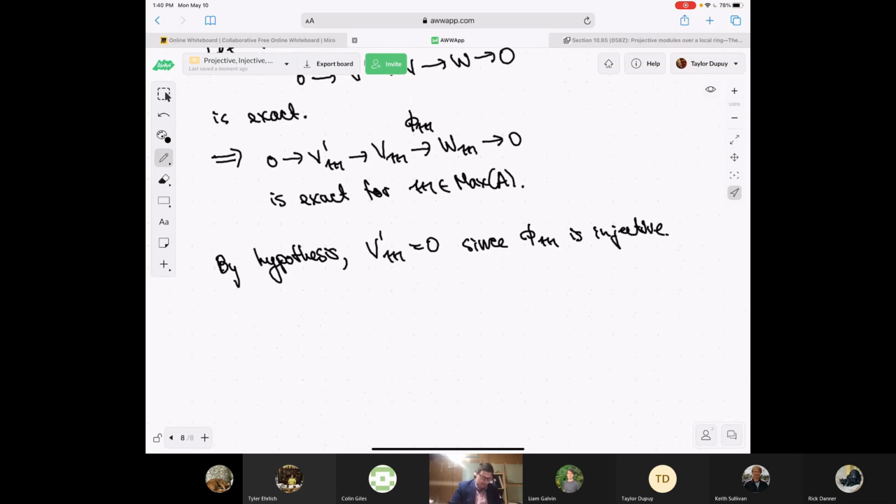So the kernel of the localization is the localization of the kernel. And this holds for all maximal ideals m.